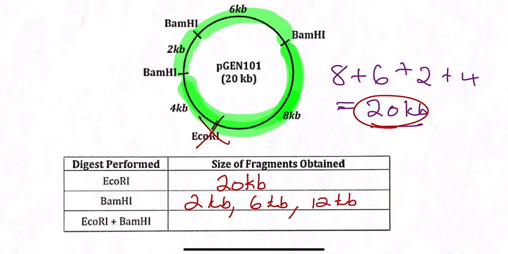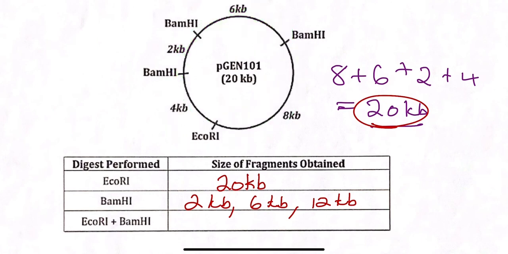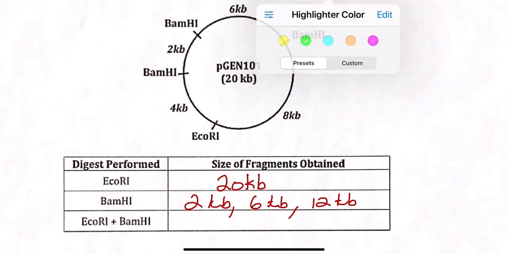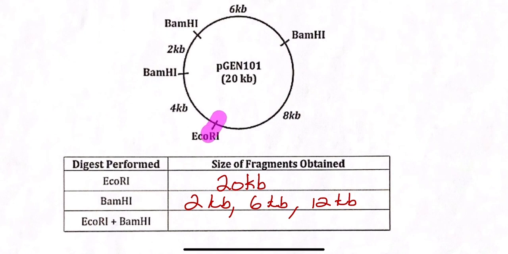Now what would happen if we add both of these restriction enzymes to the mix, both EcoR1 plus the BamHI restriction enzyme? Let's clear all of this out so that we can see. We now have to consider that EcoR1 is present and it is going to cut here, and we need to consider that BamHI is present and it will cut there and there and there.